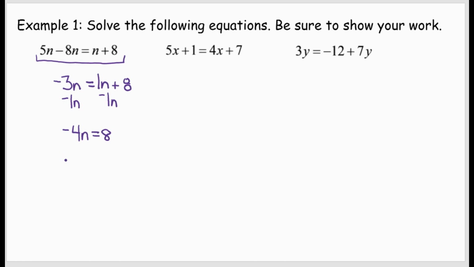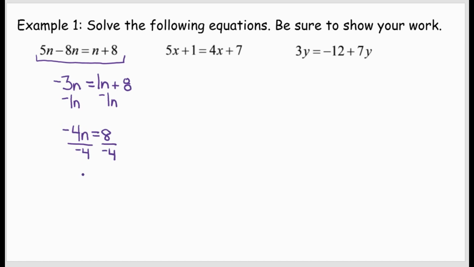Okay, following our steps, my next step is to divide both sides by negative 4. The reason I'm dividing by negative 4 is because this expression right here is negative 4n, which means negative 4 times n. So dividing would be the opposite.